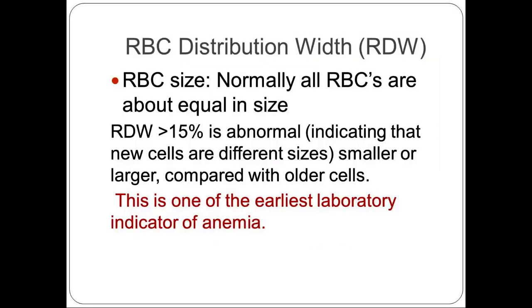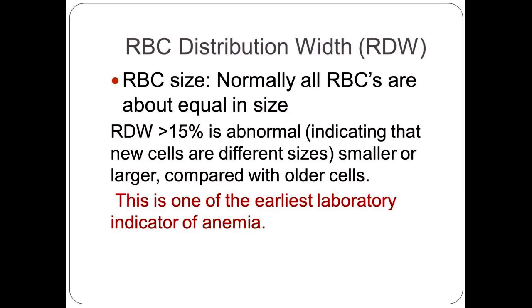Now we're going to talk about the RDW. Normally all the RBCs are about the same size. You have some immature ones that are new and a little bit smaller, but usually they're all about the same size.